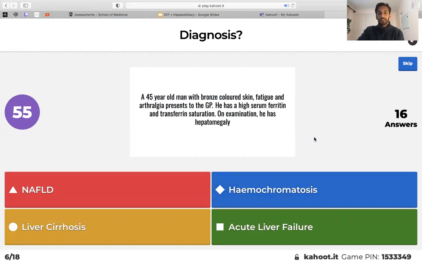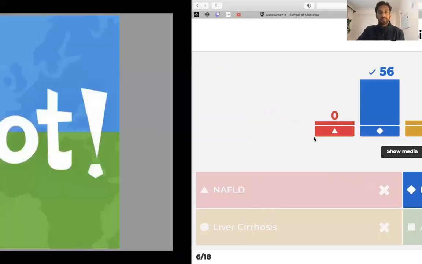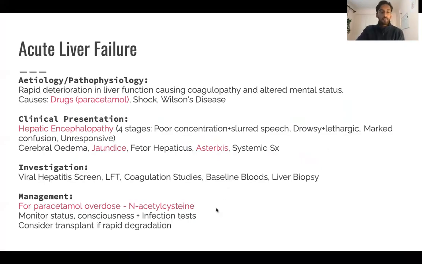I feel like you'll mostly get it from the tan. Awesome. Hemochromatosis. All right, let's go through these.